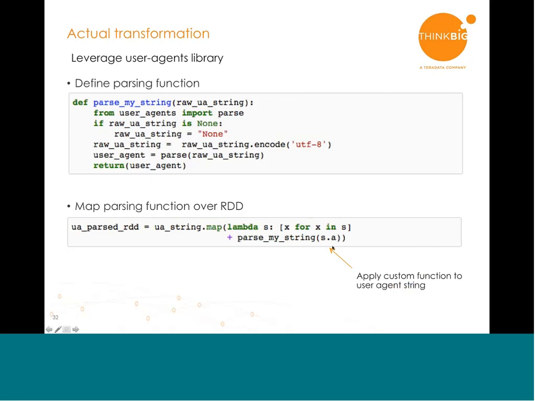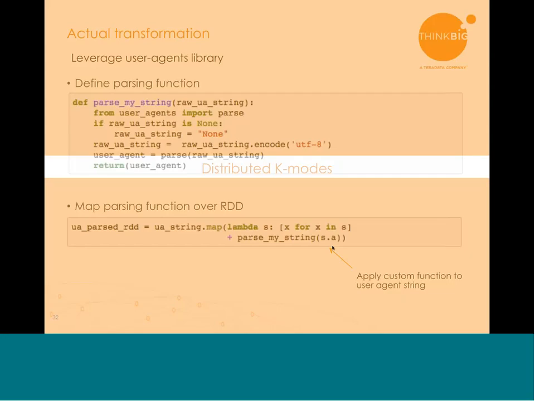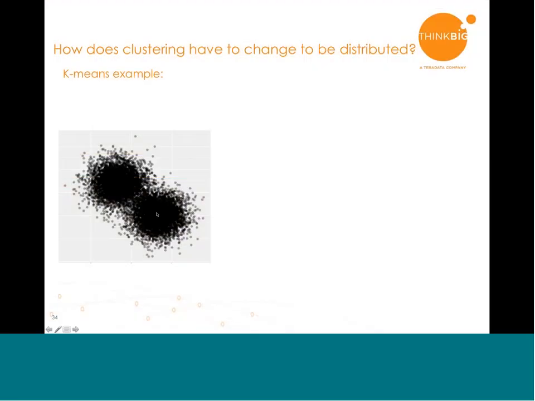So now that we've got the data in a reasonable format, we need to do some clustering. We want to use K-modes clustering, because this is categorical data. The problem is that when we do clustering, and in this case I'm showing K-means just because it's easier to visualize, each cluster is a property of the entire data set. So how do we do this in a distributed way? How can we put it across many nodes?